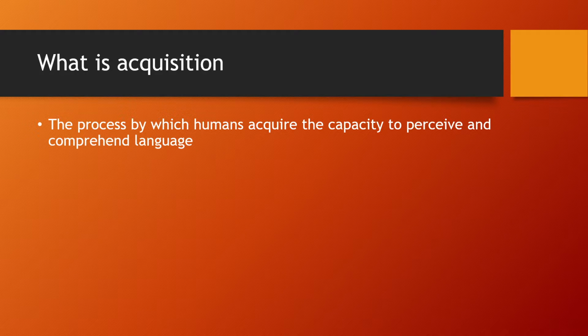Okay, so it is the process by which humans get the capacity to perceive and comprehend a language. So when we learn our first language, we acquire it, not learn it, because this is unintentional. So this is something that happens by chance.